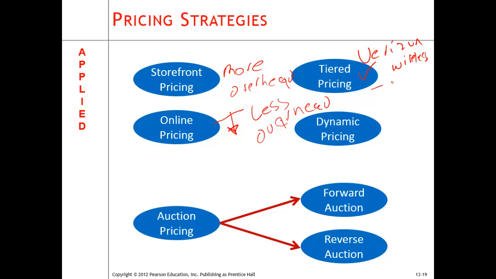Verizon Wireless will sell data plans that offer 2 gigs, 4 gigs, 6 gigs, or 10 gigs of data per month. Each one of these plans is priced at different levels.